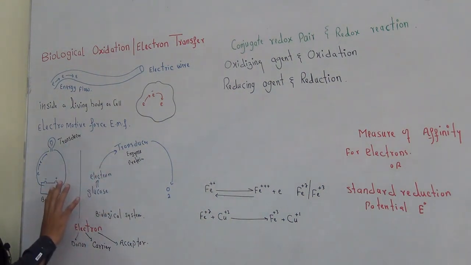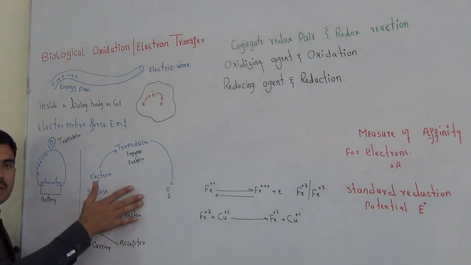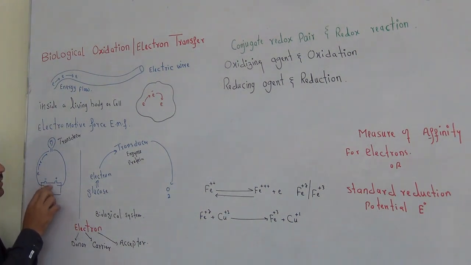Here is a comparison between the living body and outside the living body. It may be a bulb, a fan, or an engine, whatever you can call it. Look at that. Here is a battery, and it has a positive terminal and a negative terminal, and when you connect a bulb with a battery with the help of an external circuit or a wire, the current will start flowing from the negative terminal towards the positive terminal.